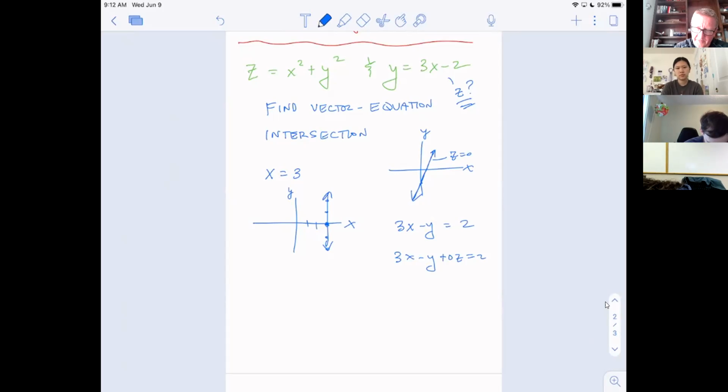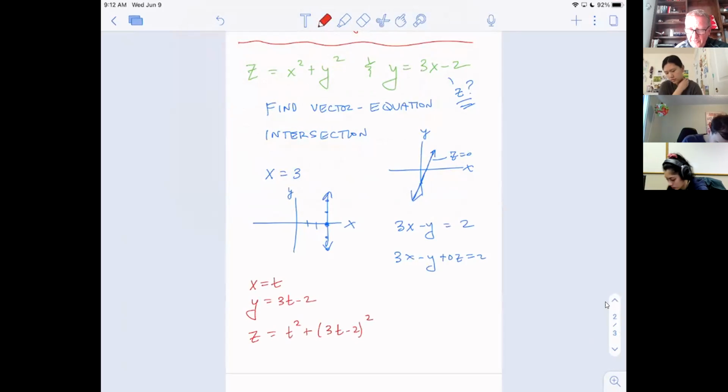And so in this case, all I need to do is let x be equal to t, because then that would mean y is equal to 3t minus 2. And then I can say z is equal to x squared plus y squared. Do you agree that I now have it made of both equations? Do you agree with that?